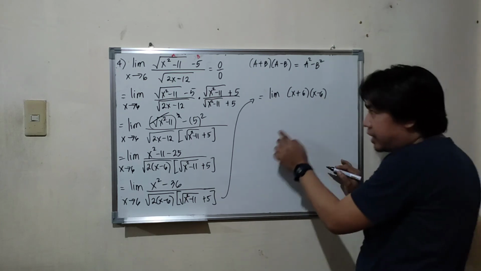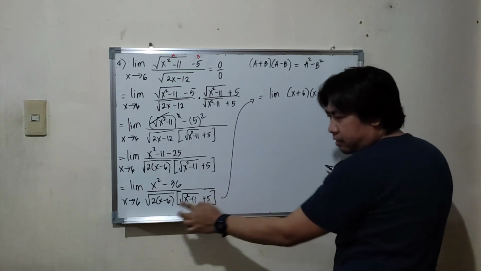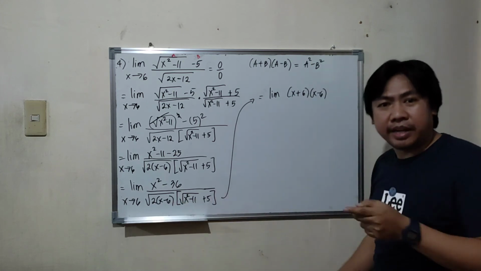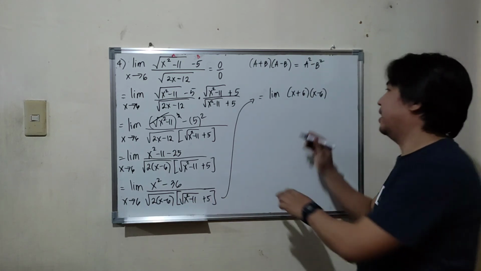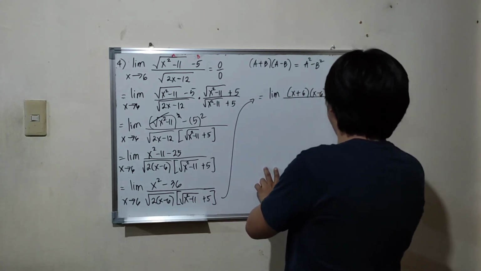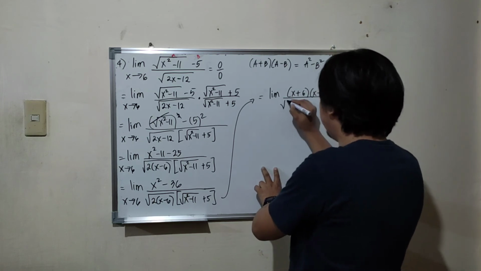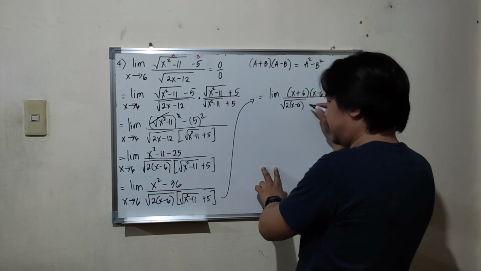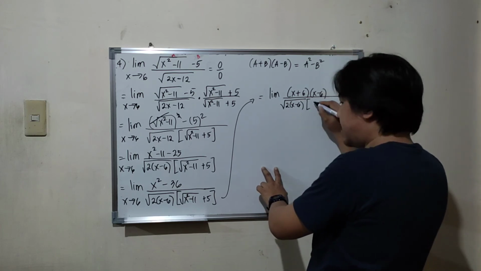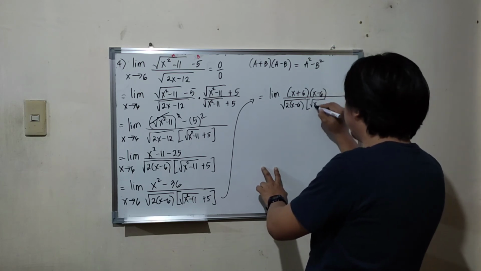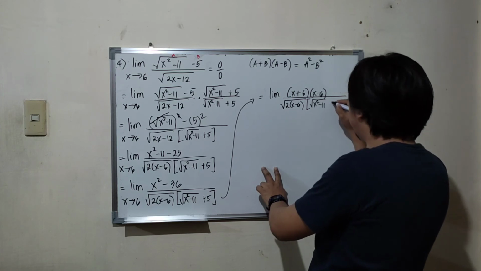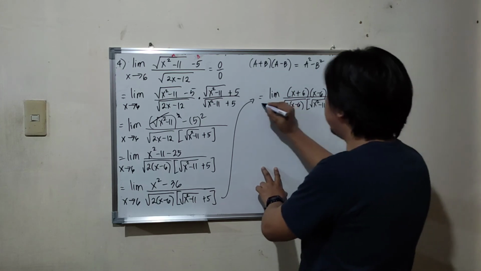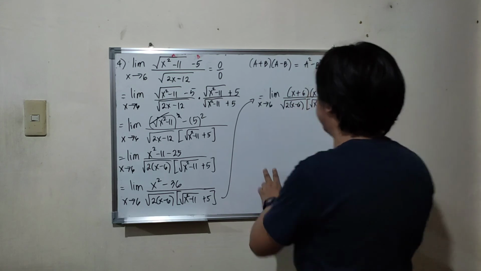So, as you can see, we have x minus 6 in the numerator and x minus 6 in the denominator. So, we can cancel that. Okay, so, over square root of 2 times x minus 6 times square root of x squared minus 11 plus 5 as x approaches 6.